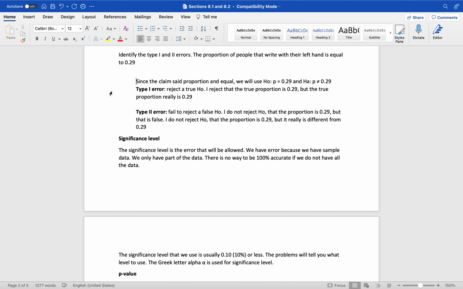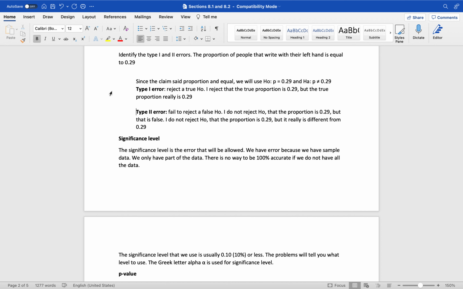Type 1 error: reject a true H0. I reject that the true proportion is 0.29, but it really is 0.29. I reject H0, meaning I reject that it's 0.29, but 0.29 was really true.